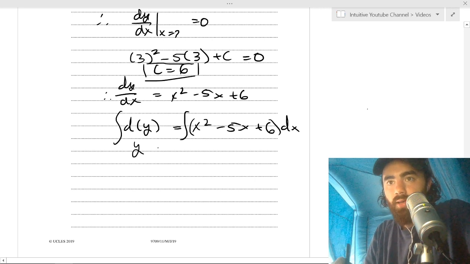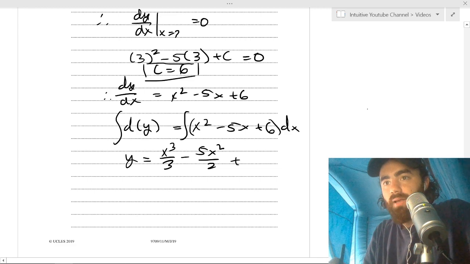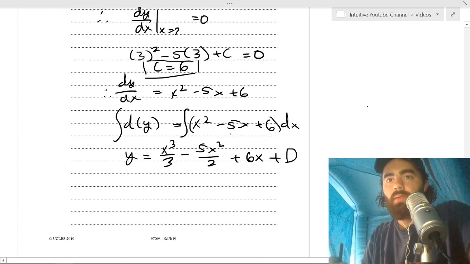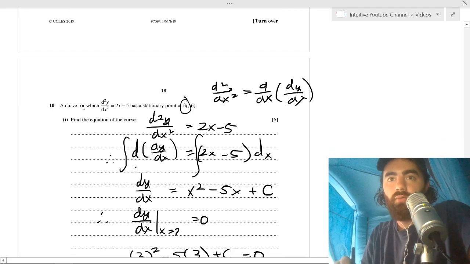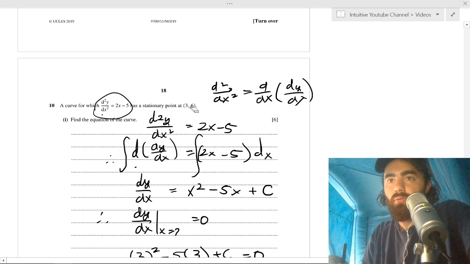Then we get y equals x cubed over 3 minus 5x squared over 2 plus 6x plus another constant d. And we know that this curve for the second differential passes through the point (3, 6).